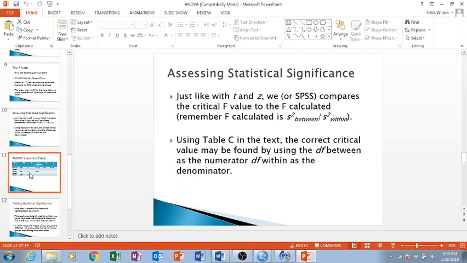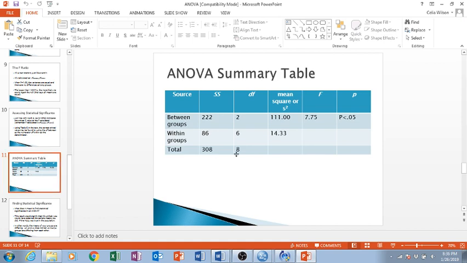But when we run an ANOVA, we're going to have this ANOVA summary table, right? So the source between groups, the sum of squares, that's that variability between your groups compared to the variability within your groups, okay?